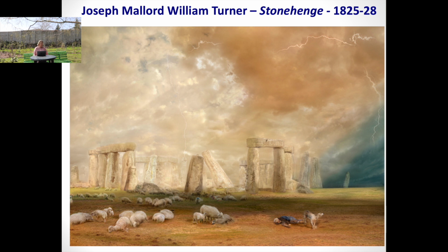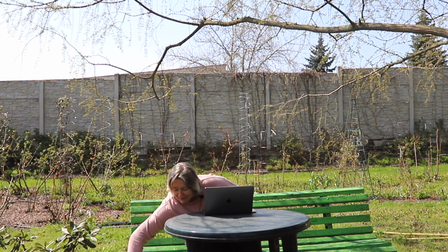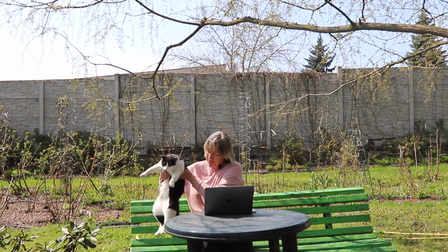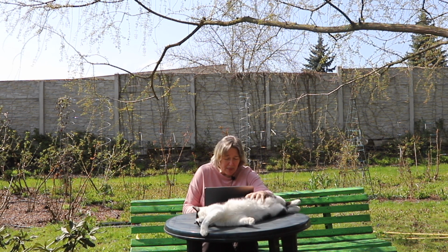Some of the sheep are also lying around on the ground, which might suggest that there was a crash of lightning, of course connected with the ancient stones of Stonehenge and this whole story of the mystery and prehistoric place and perhaps even magic. So there we go.